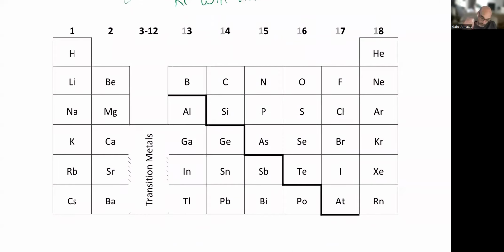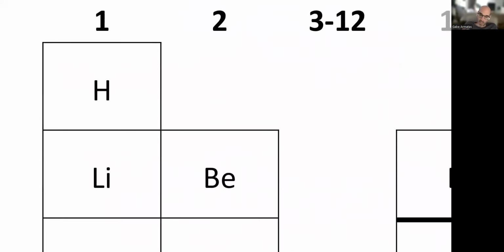Okay, so anything in group 1 has 1 valence electron, and therefore it's going to have a preference. Is it going to gain 7 or lose 1? All of these are going to lose 1 electron. So hydrogen becomes +1. Lithium, +1.